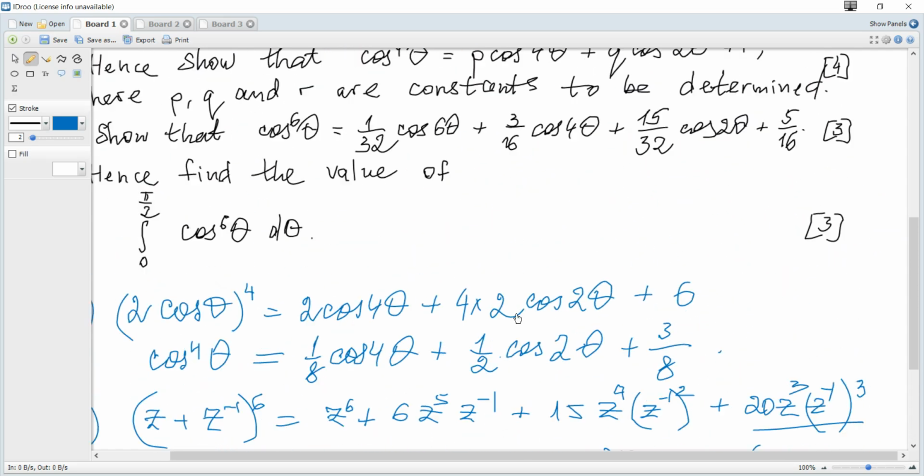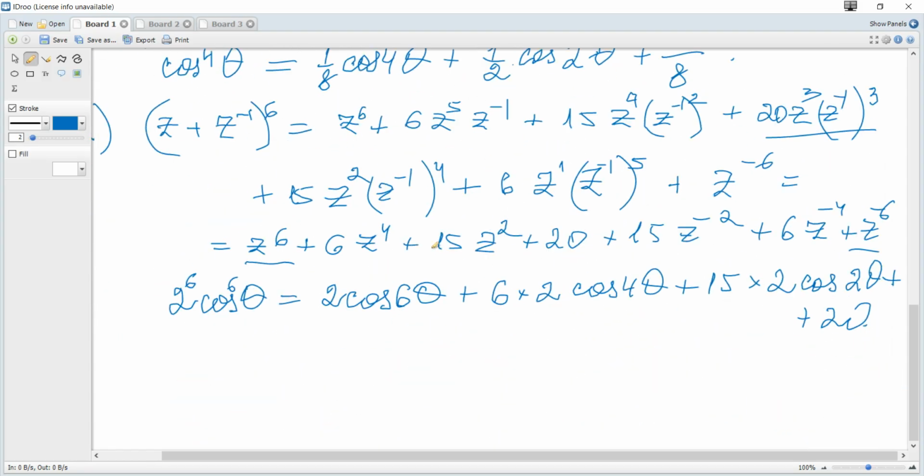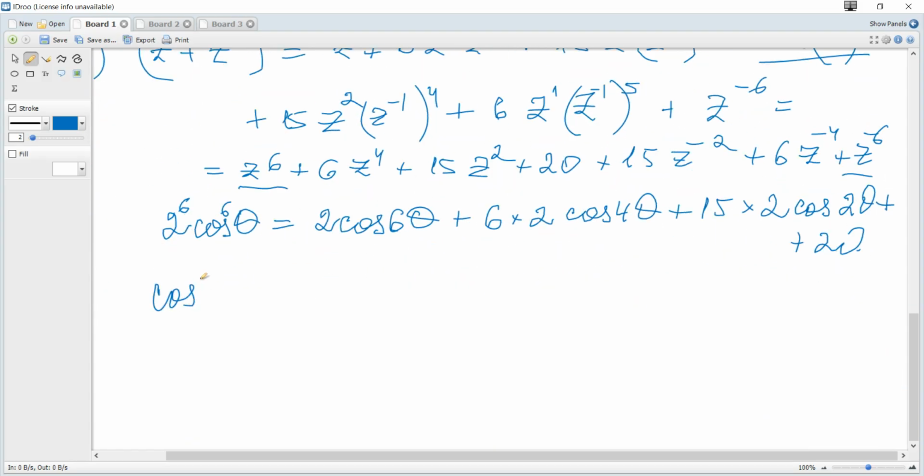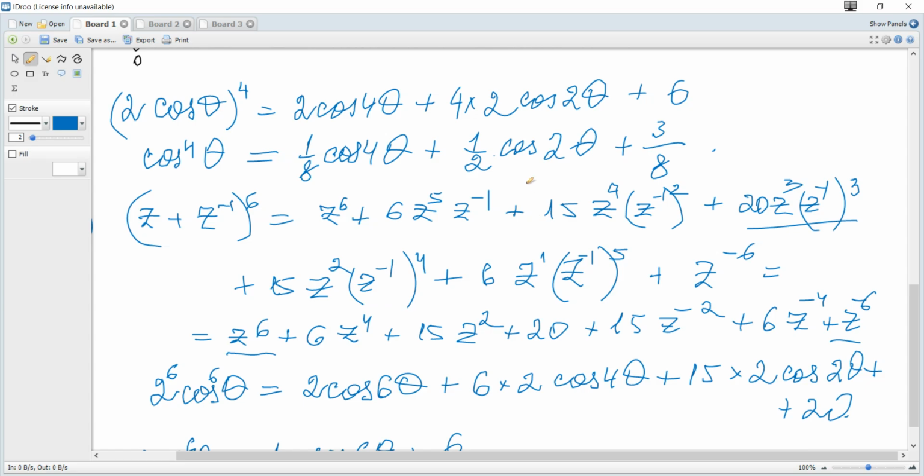And we need just cosine. So cosine to the power of 6 of theta becomes, dividing by 2 to the power of 6, which is 64, 1 over 32 cosine of 6 theta plus 6 over 32, or 3 over 16.